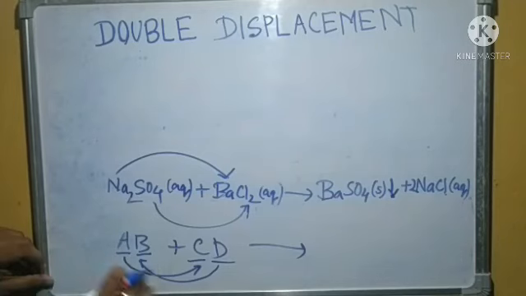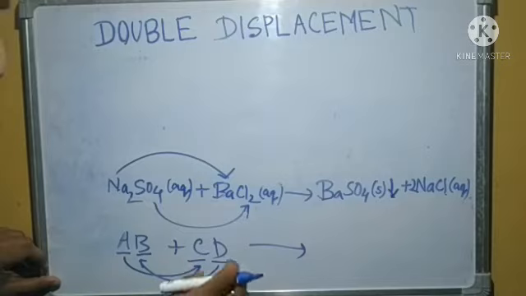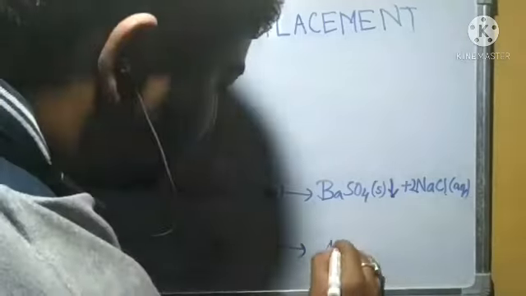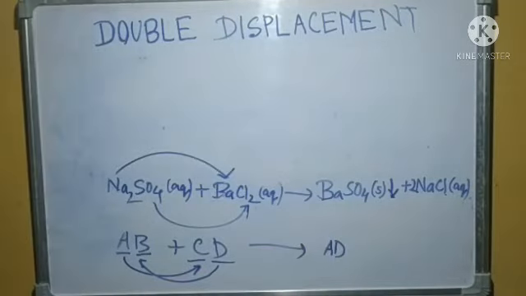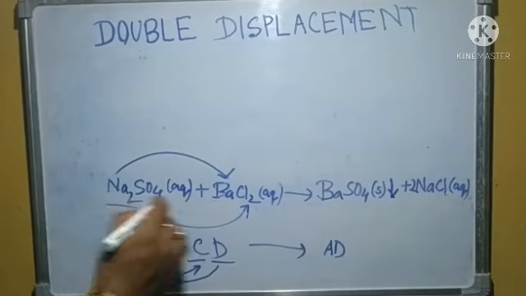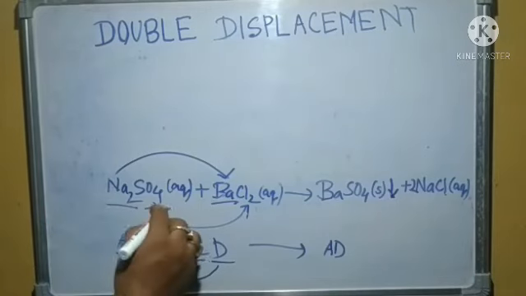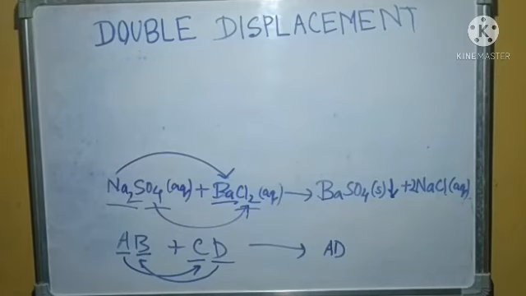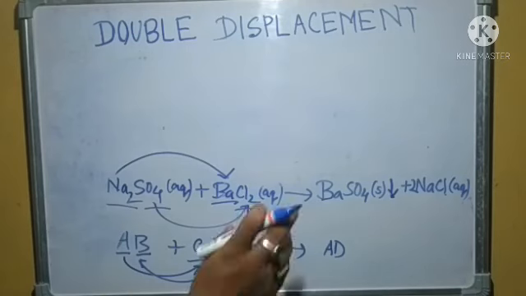A is a metal, and it will take the place of another metal, that is C. So A will make a compound with D. And remember one thing: a metal will displace a metal, and a non-metallic ion will displace a non-metallic ion. Okay, so this should be clear. We'll never see a compound of two metals.